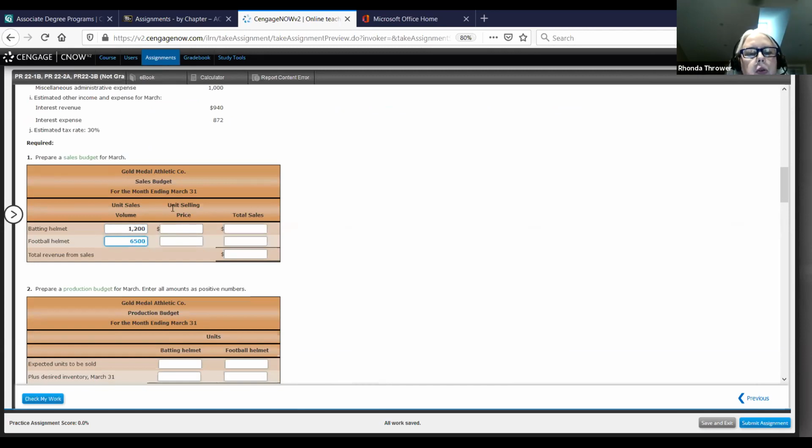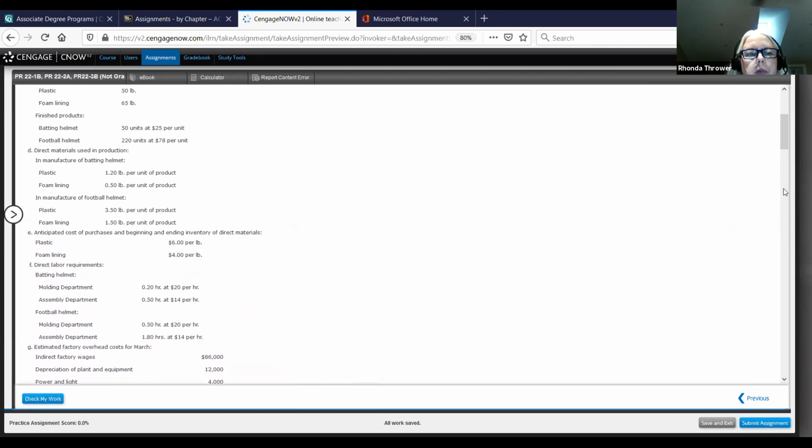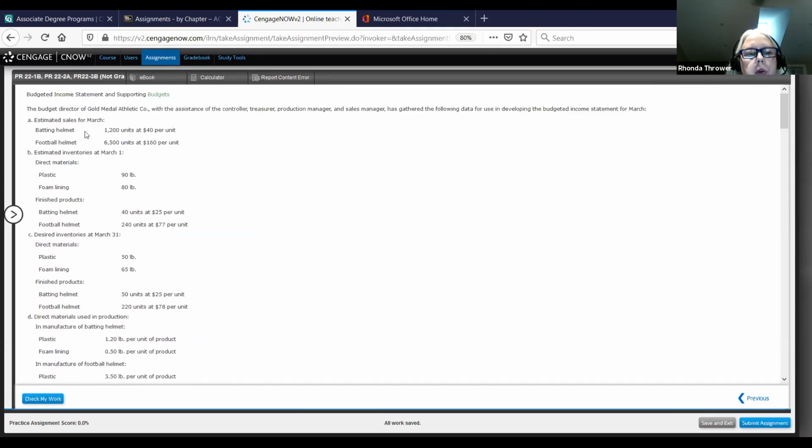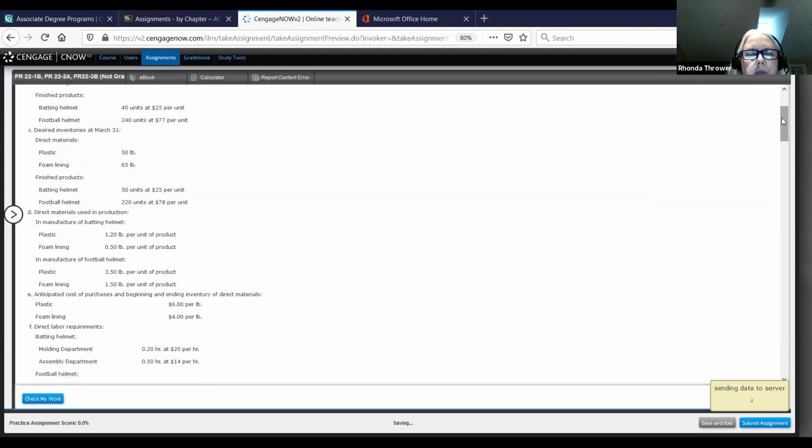Then you're going to want to put in the unit selling price. The selling price of the batting helmets is $40 per unit, and it's $160 per unit for the football helmets.